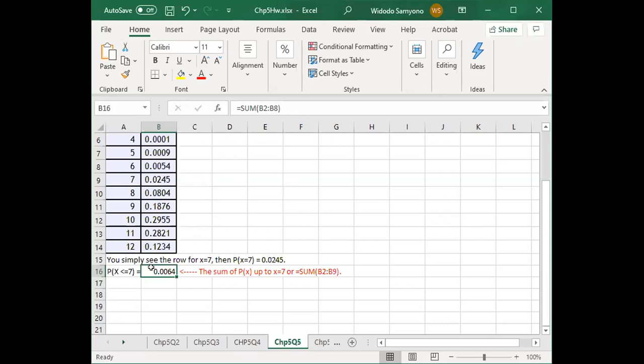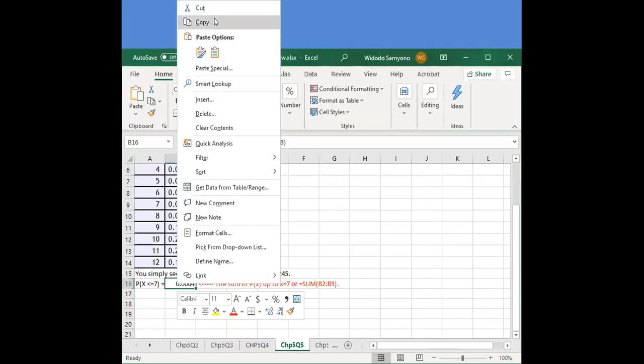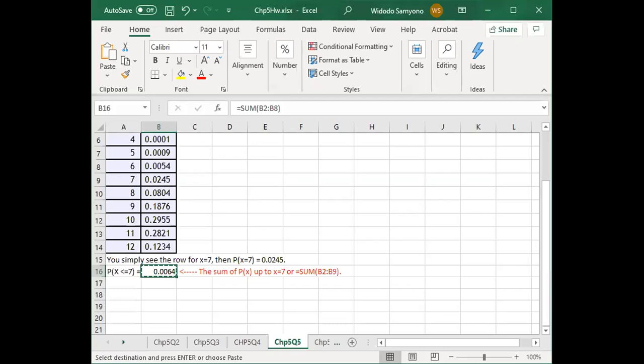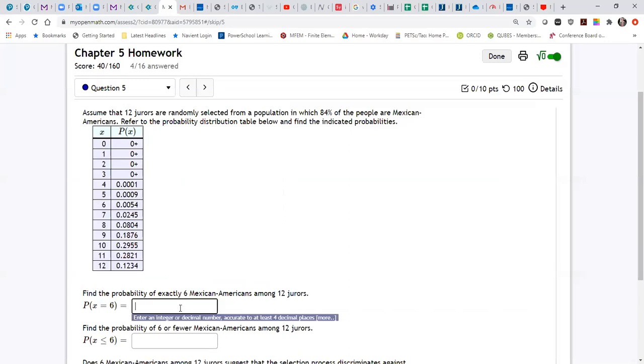You can copy this and then paste it into your answer. So for x equal to 6, the answer will be 0.0054. You can see this one here.